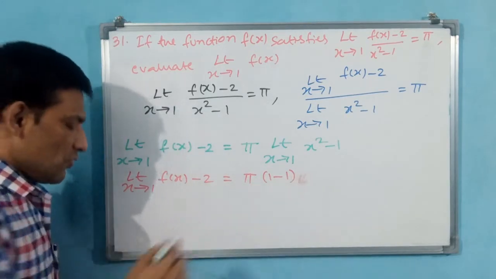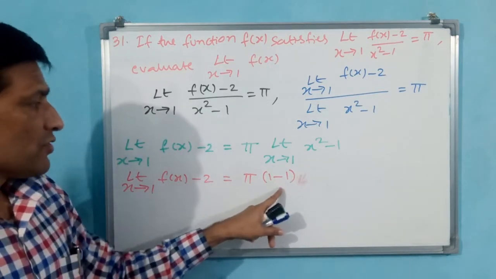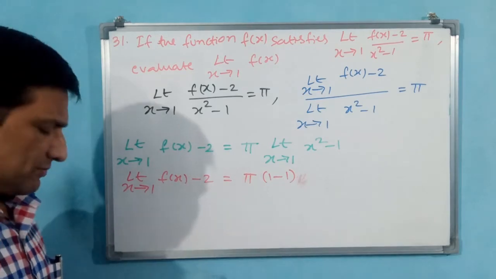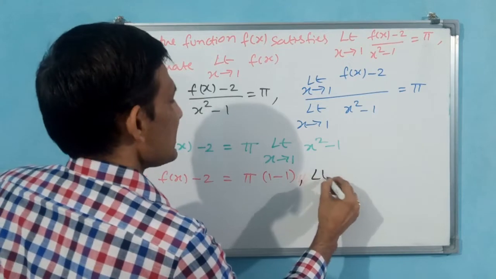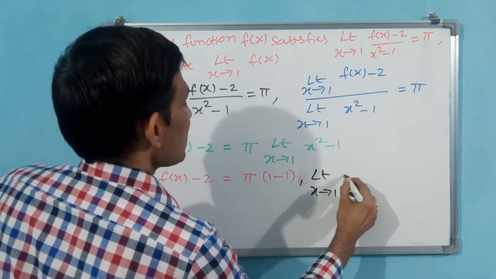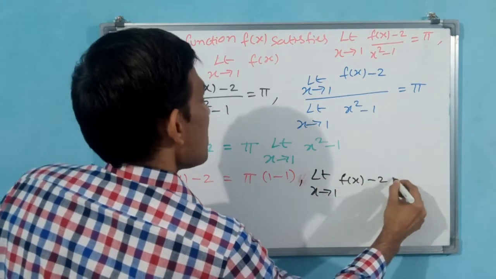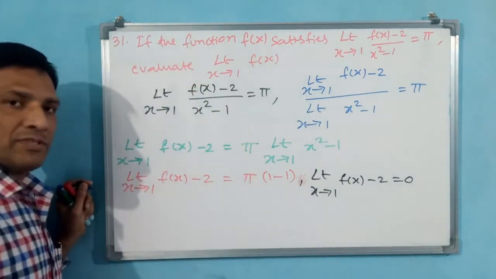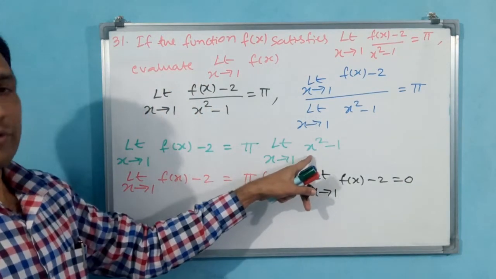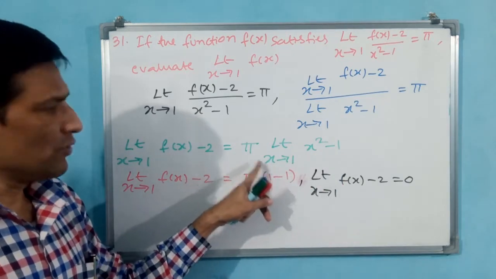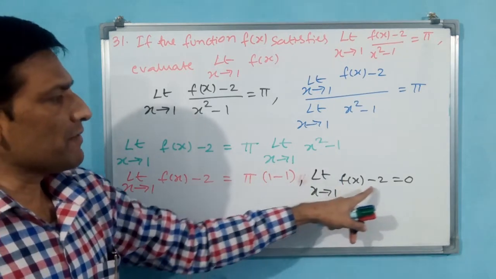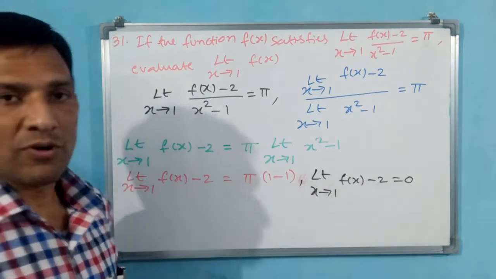When this is 0, 0 into pi is 0. Write down now: limit x tends to 1 of f of x minus 2 is equal to 0. Is it correct? First you see. Why? Because after substituting 1, this becomes 1 minus 1, 0. 0 into pi, 0.